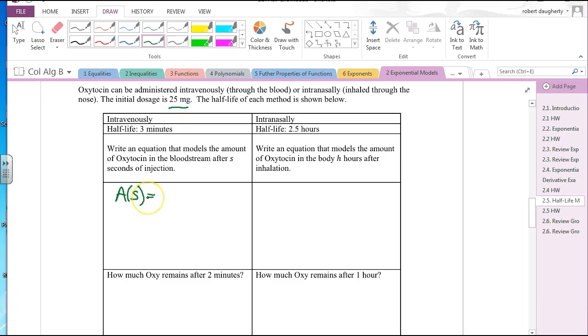That's going to be, what is the initial dosage? 25 milligrams, okay? Because this is half-life, that formula is 0.5, okay? And then I'm going to have some number, S over, what is the half-life in seconds?